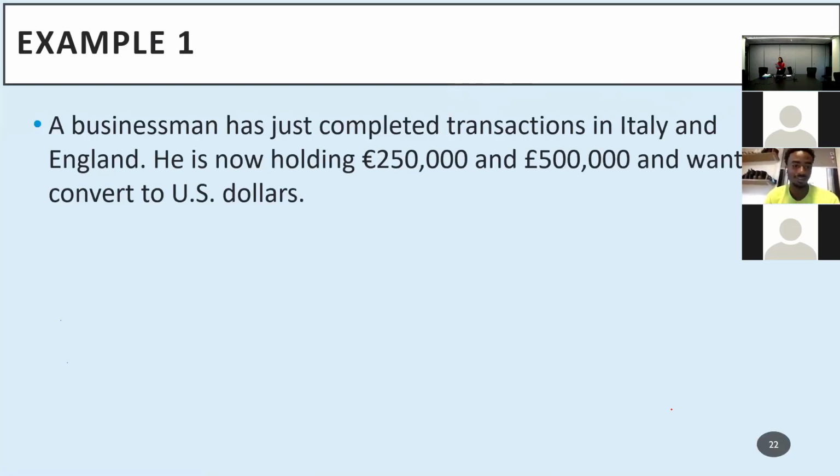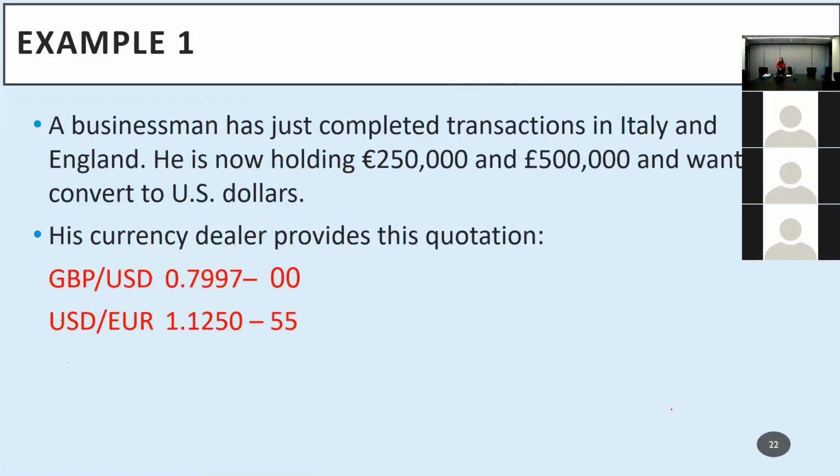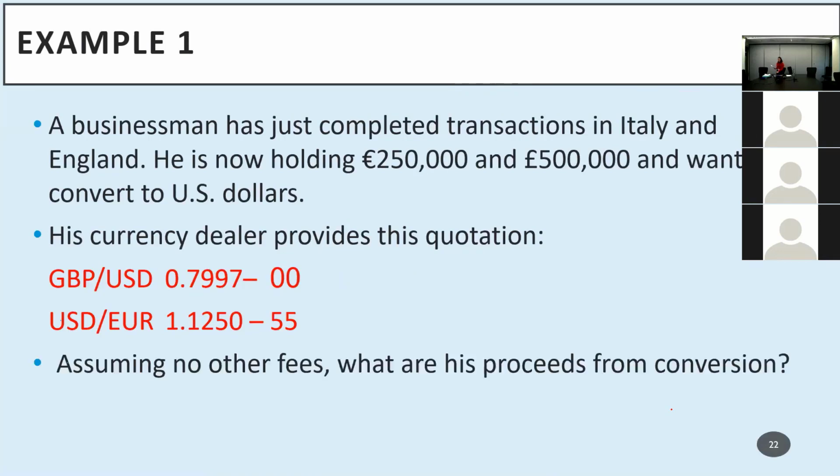Because he's a US citizen, he wants to convert these back into the USD. When he goes to a bank, he gets 2 different quotes, as we see on the slide. The question here is, assuming that there are no other fees, what are the US proceeds from his transactions? When he converts the 2 transactions back into the USD, what does he get?